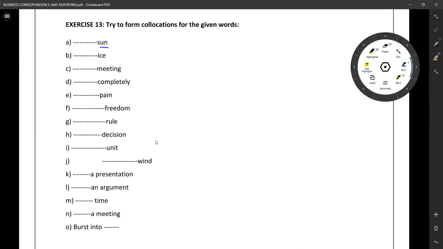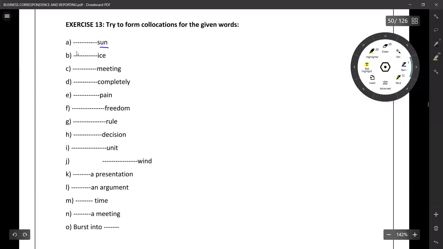At least one collocation you have to tell me.